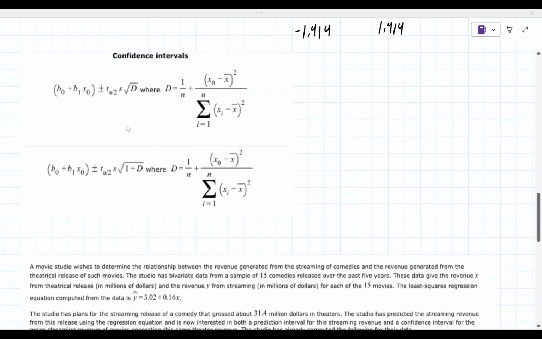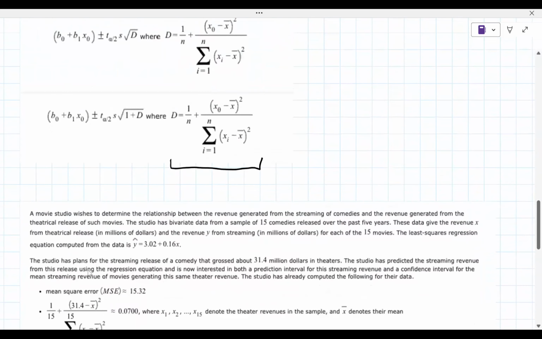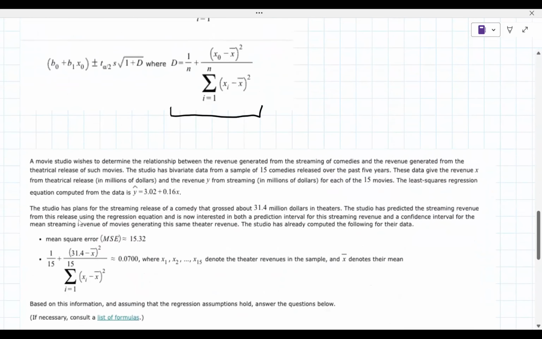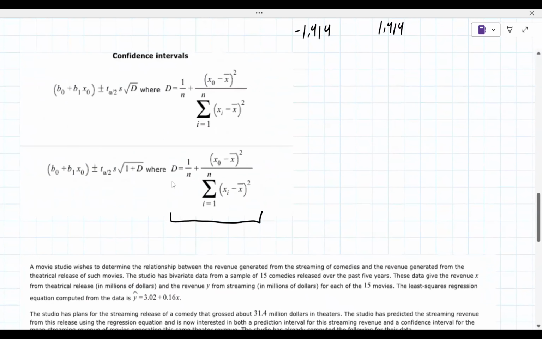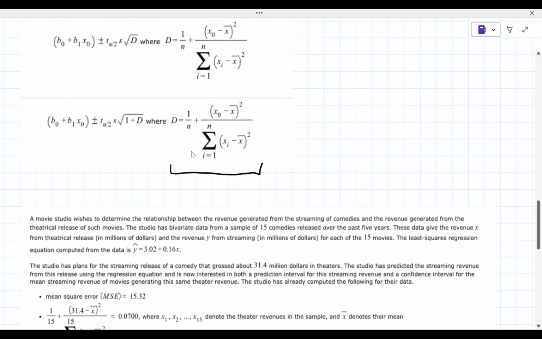So the formula we're using for this, keep in mind that they're giving you this number right here. I think it's 0.07. And this one right here, 0.07. So we've kind of got it.